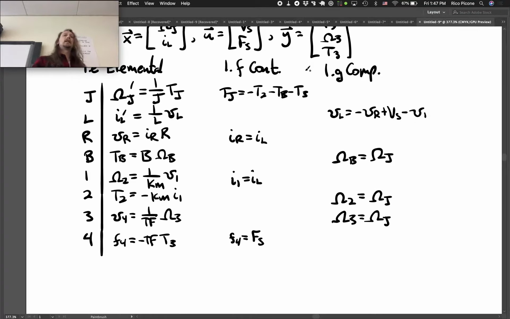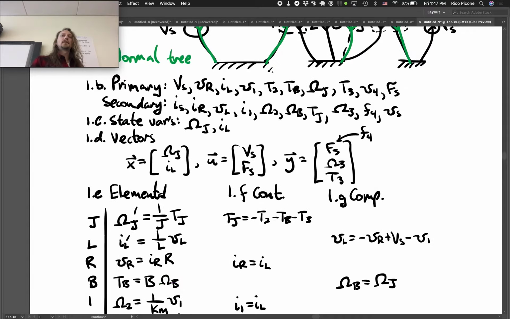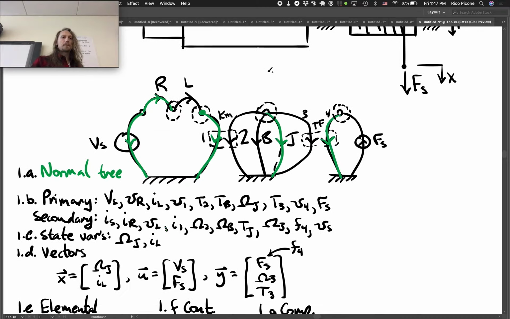Yeah? Sometimes you draw different contours rather than just the immediate one. You include other nodes. Is there a reason why you don't do that for, say, branch 1? Yeah.